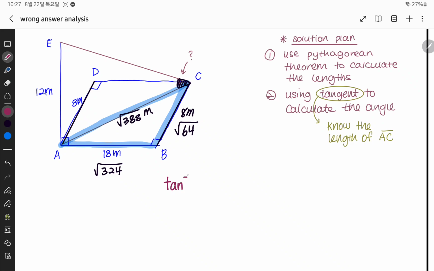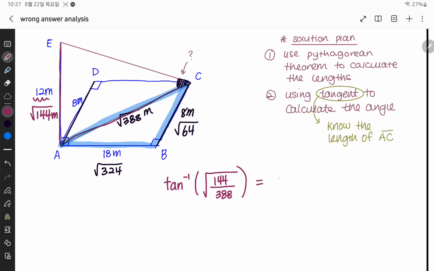So what we're going to do is tangent inverse, and then we're going to calculate what's root 144 divided by root 388. Where did I get the 144? It's because this 12 is equal to root 144 meters, okay? That's why.